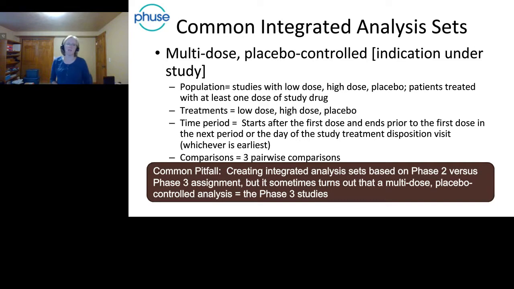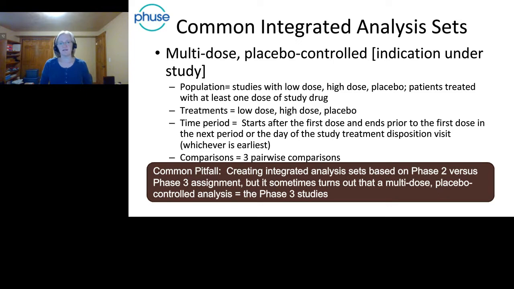So let's go through some common integrated analysis sets. Every clinical program is different, and there are always unique features to every clinical program, which is why it always takes a lot of time to think through these. If you are lucky enough to have your large placebo-controlled studies include the same doses, maybe they all have the same low dose and high dose and a placebo, then you will likely have a multi-dose placebo-controlled integrated analysis set in which you include the studies in which all three treatment arms are included.